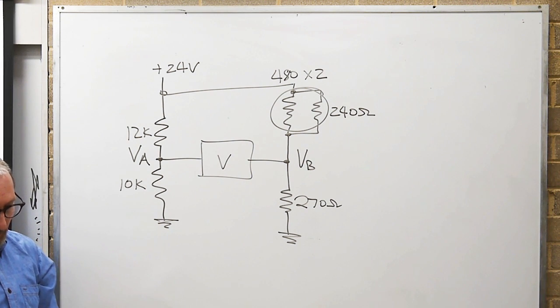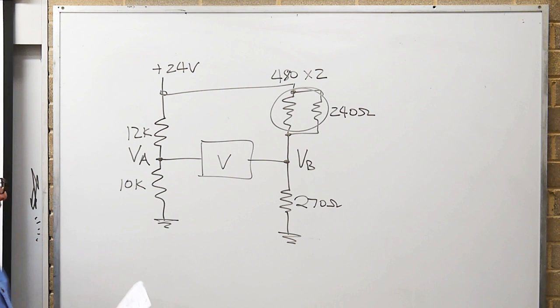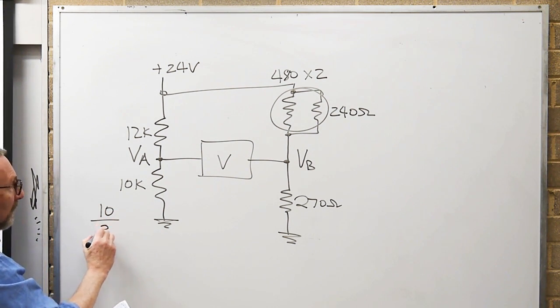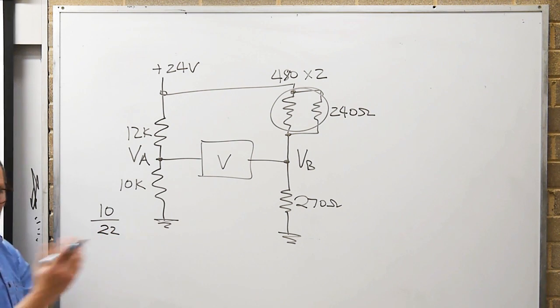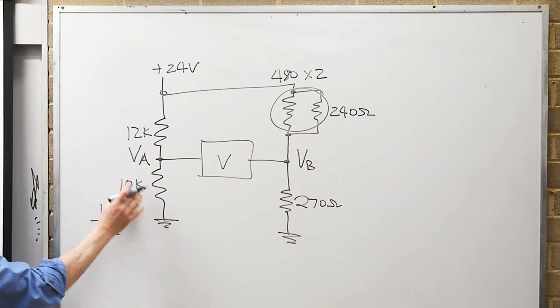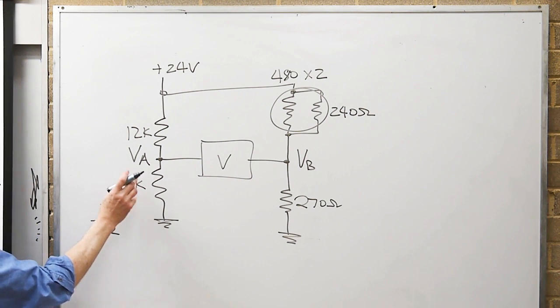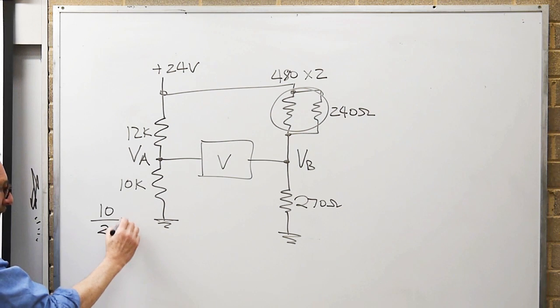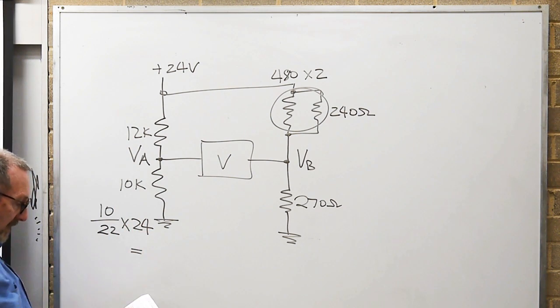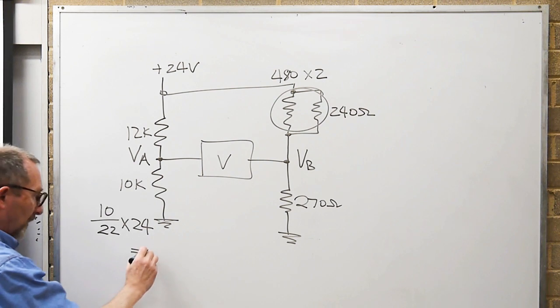We were given 4 answers, but we're just going to have to run with this and work it out. So it'll be 10 divided by 22. You don't have to put the K, it's all in K, so it's just a ratio. 10 divided by 22, R2 divided by R1 plus R2, times V applied, 24, equals 10.9 volts. Agreed?